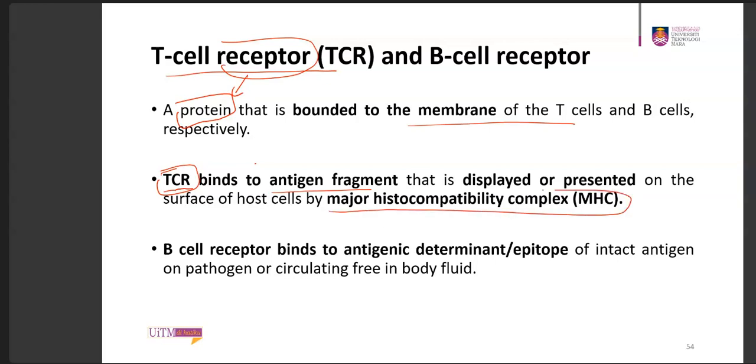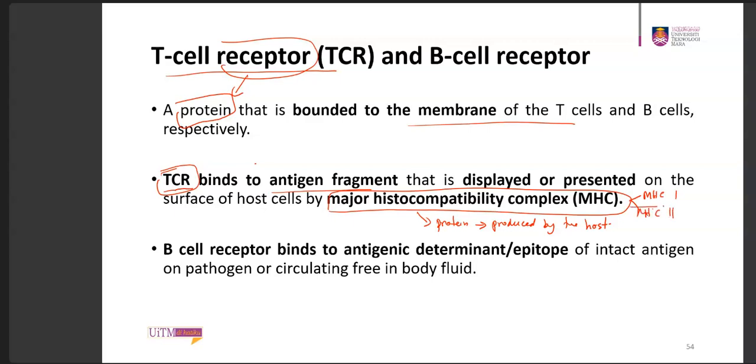So MHC is a protein molecule produced by the host cell. We have two types of MHC, MHC class 1 and MHC class 2.